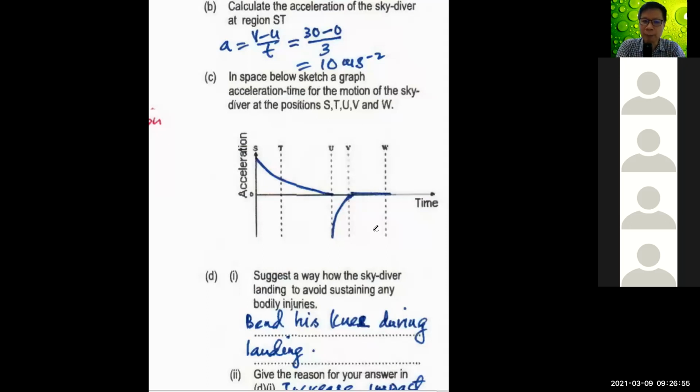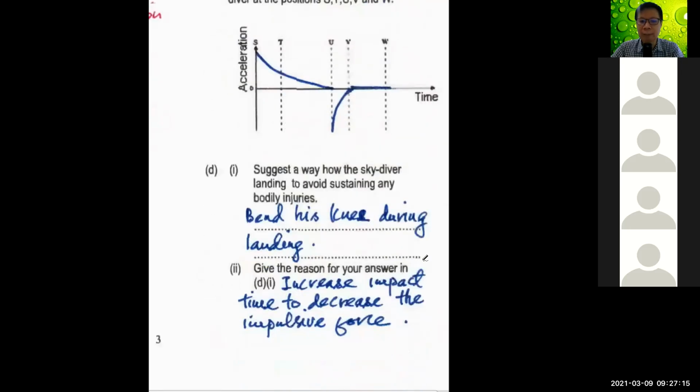In the SPM essay questions, they like to ask this kind of question. They ask you to design a car which is very safe and can run very fast. It's a 10 marks essay question. We come to it later. So in this case, they say bend his knee during landing. The reason is to increase the impact time to decrease the impulsive force.